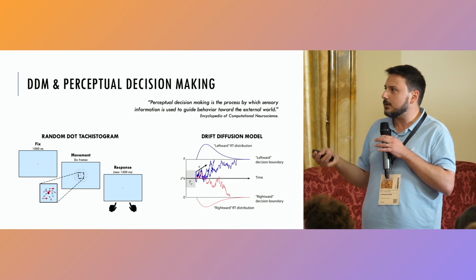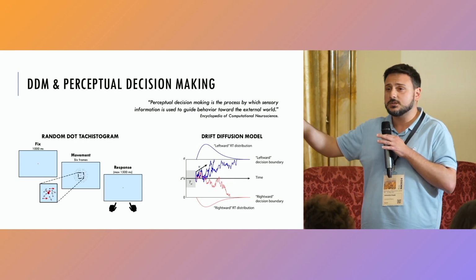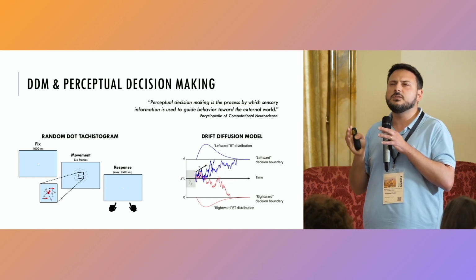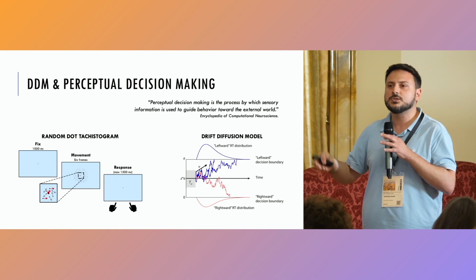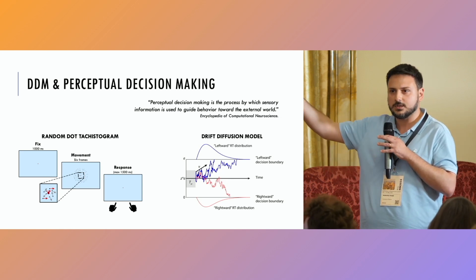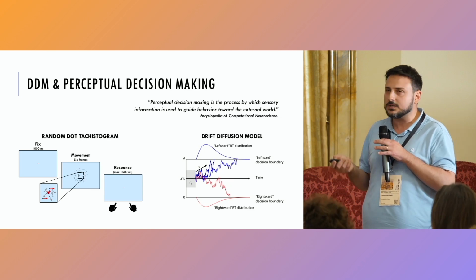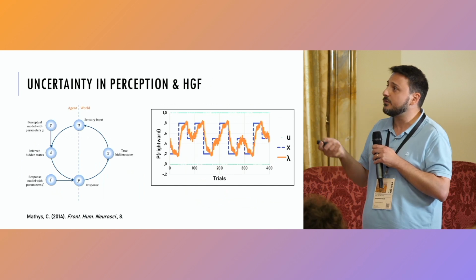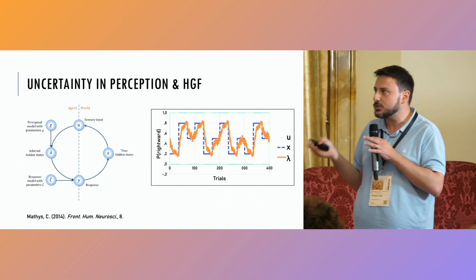Now, until now, I've talked about noise, sensory noise, and indeed also from that definition, you can see how previous research mostly focused on how signal-to-noise ratio influences perceptual decision making. However, this is insufficient: the likelihood of sensory evidence is insufficient for those theoretical frameworks that assume that the brain is a predictive machine.